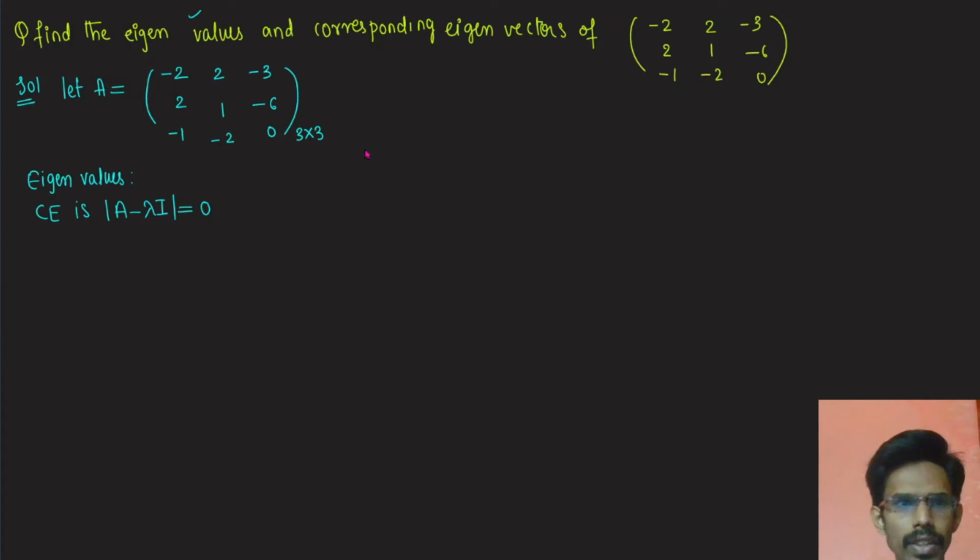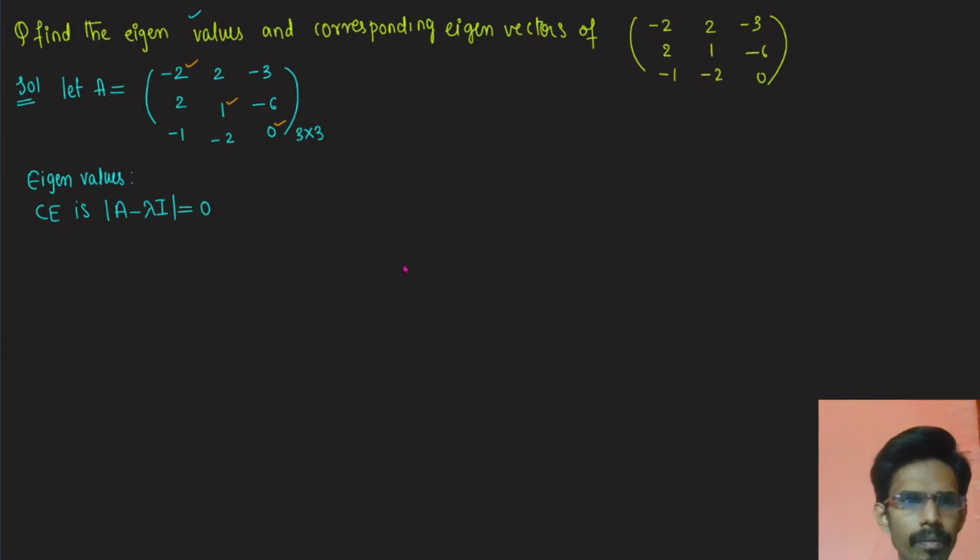This is the characteristic equation of matrix A. This A minus lambda I can be obtained directly from matrix A by subtracting lambda from the principal diagonal elements. What are the principal diagonal elements? Here the principal diagonal elements are -2, 1, 0. These three elements are the principal diagonal elements. Subtract lambda from all of these elements.